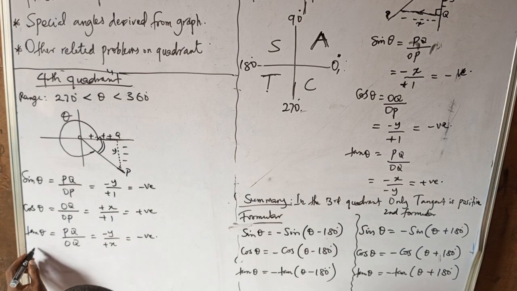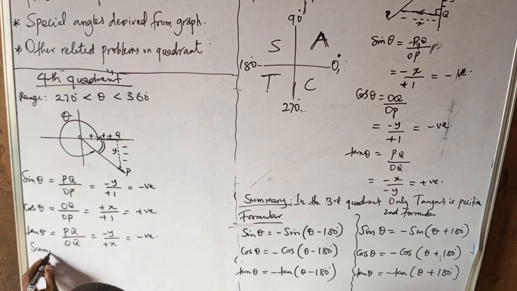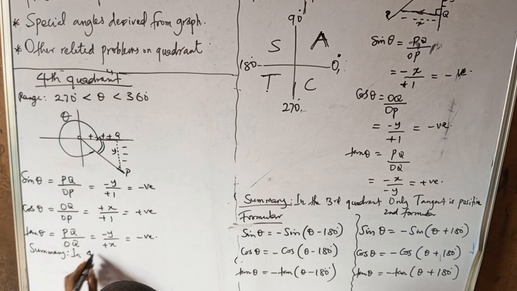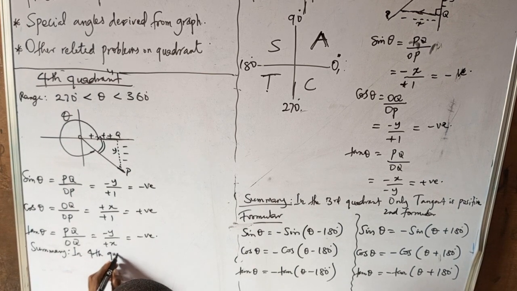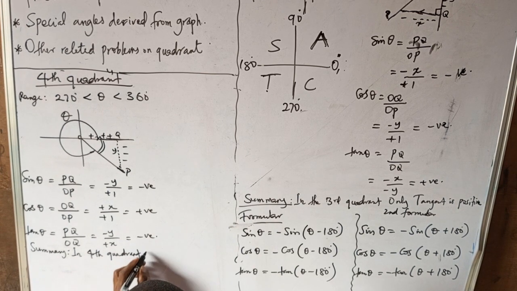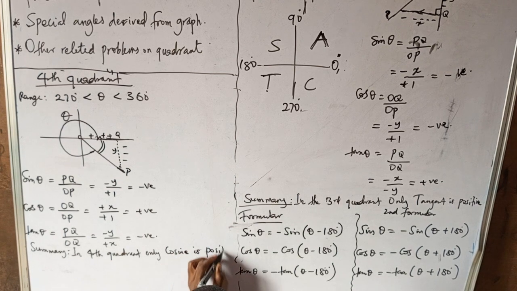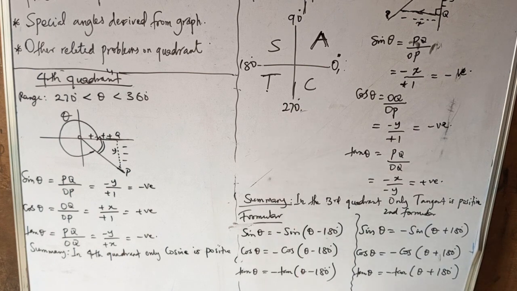So the summary is that in the fourth quadrant, only cosine is positive. And that is why we have the letter C as represented on the board.